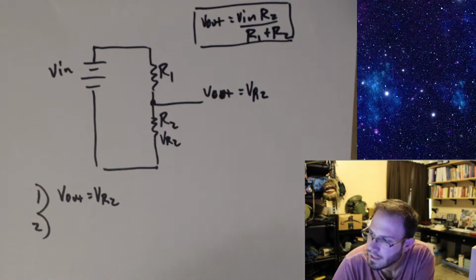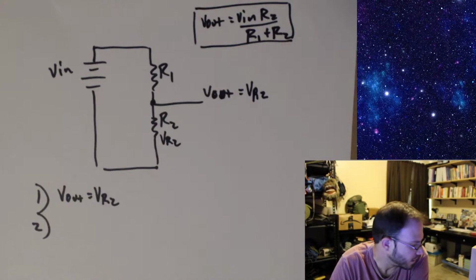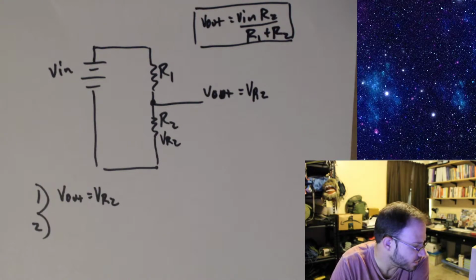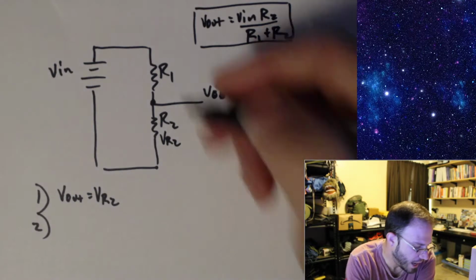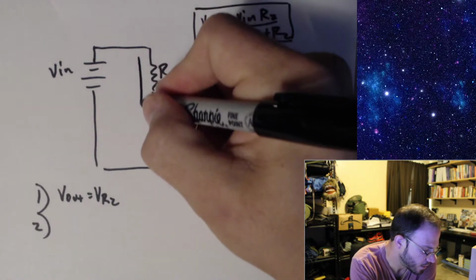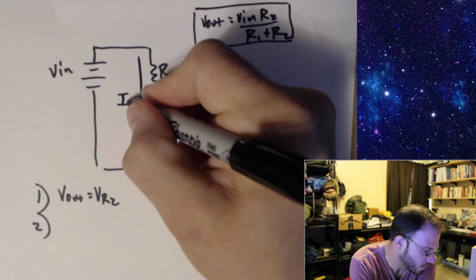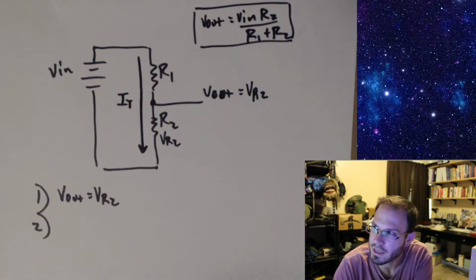Now, the next rule we should look at is, well, it's a series circuit. Current's the same at every point in a series circuit, right? So I can just say that this is the total current for the entire circuit.